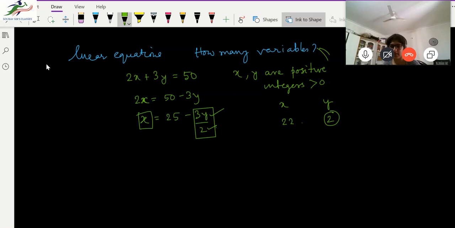What is the next value of y that will be a multiple of 2? 4. So when y is 4, this will be 25 minus 6, which is 19, right? When y is 6, this will be 25 minus 9, which is 16, right? So how long will this go?